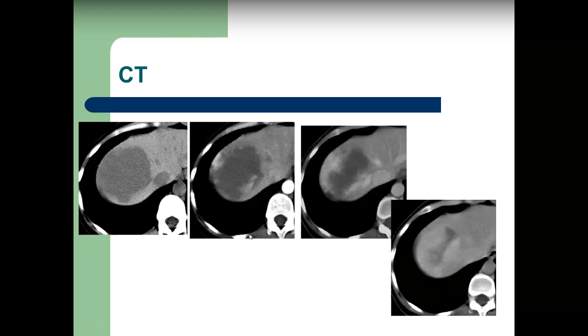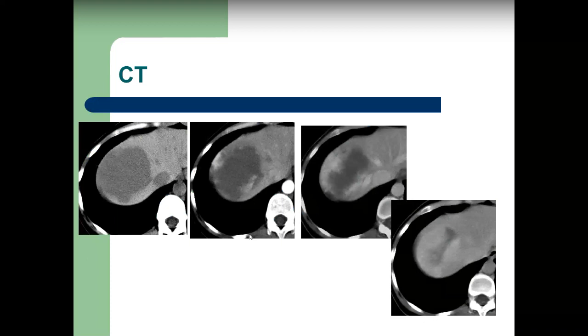This is an example of abdominal multiphase CT. So you can find a big lesion in the right hepatic lobe. It looks terrible, and without contrast enhancement you can't say anything about it. Is it malignant or not?